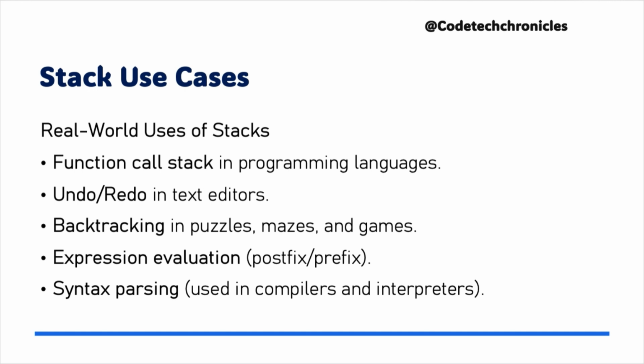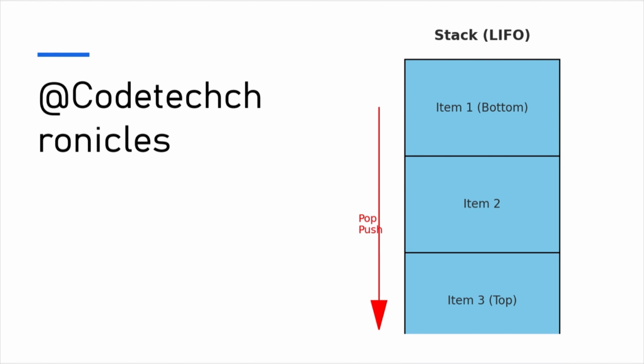Backtracking algorithms: think puzzles and games that require revisiting previous states. Expression evaluation, for converting and computing infix, postfix, and prefix expressions. Parsing: language interpreters use stacks to check nested structures. These use cases make stacks indispensable. This is an example of a stack. You can see the items are inserted from bottom to top.